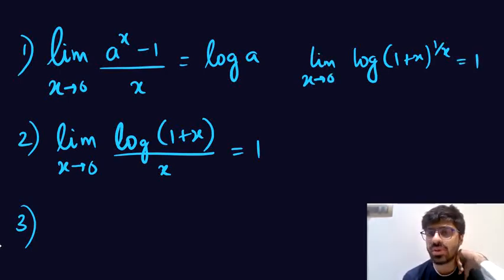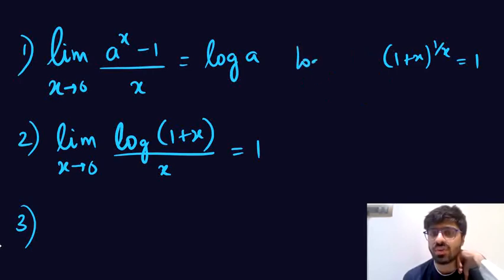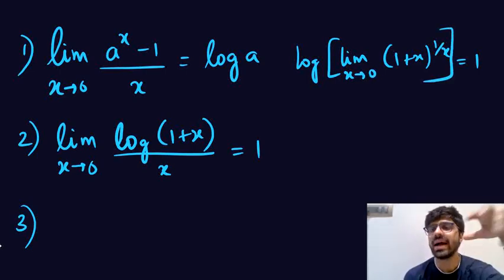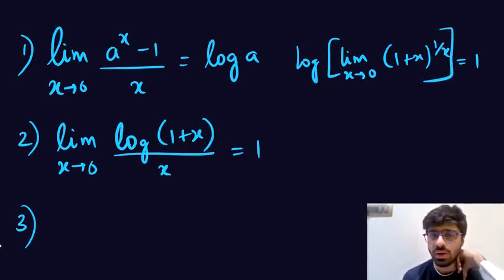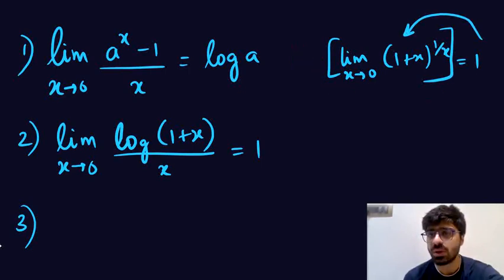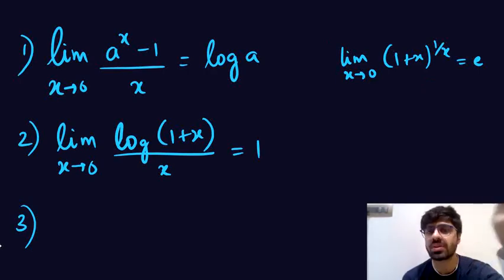Before eliminating the log, you can take that limit inside the bracket, so limit of log is like log of limit. So we have log of limit of x tends to 0 and the entire thing inside, and that entire thing will be equal to 1. The base here was equal to e. So e power 1 will be equal to the inner term, and that is why we can say that the inner term will be equal to e power 1, which is equal to e. And that precisely becomes the third result.